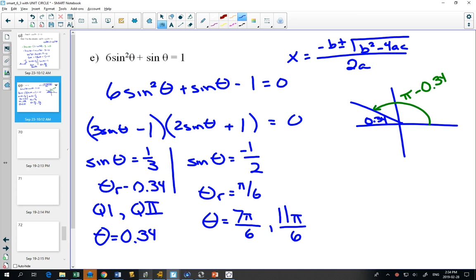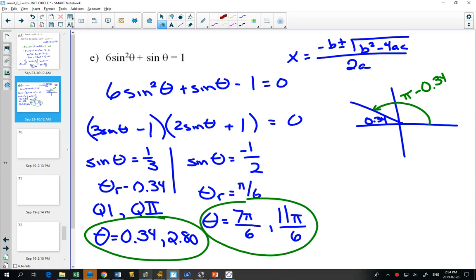So I go to my calculator, I type in pi minus 0.34. And you get 2.80. So in this question, we have these answers which are exact values, and these answers which are estimates.